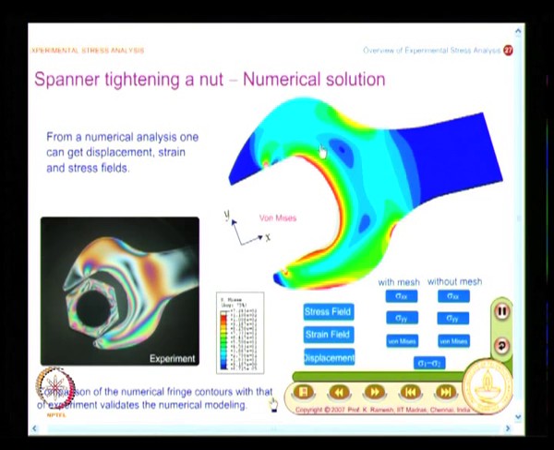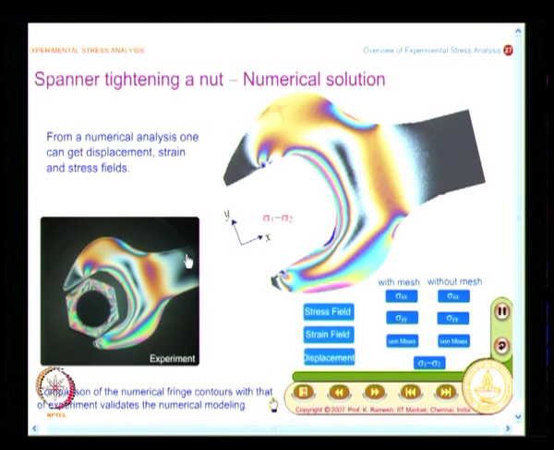If you look at von Mises, in certain aspects it captures certain geometry features of the photoelastic fringe, but the colors are totally different, because the color is dictated by the standard finite element software package. So, we have developed an in-house software.